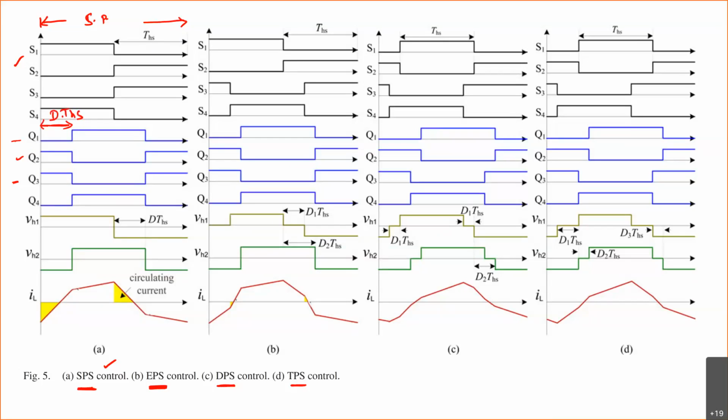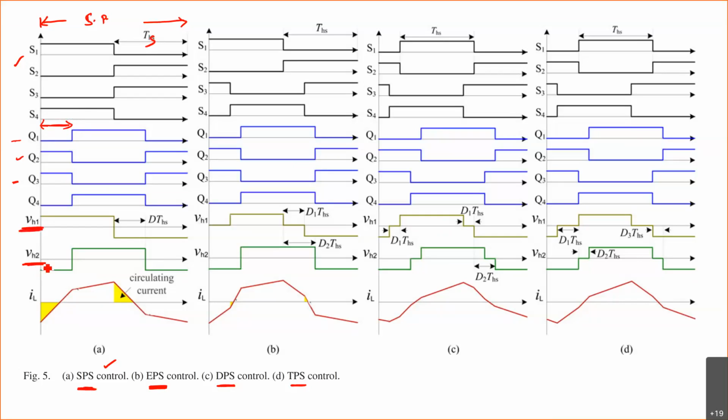We assume that the phase shift is D into THS, or if we assume this is TS, some D into TS. That is why it is known as single phase shift: you have only one phase shift angle between these two converters. This is the first H bridge output and the second H bridge output.